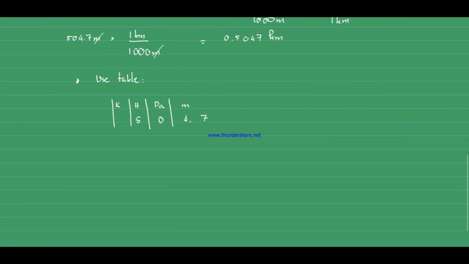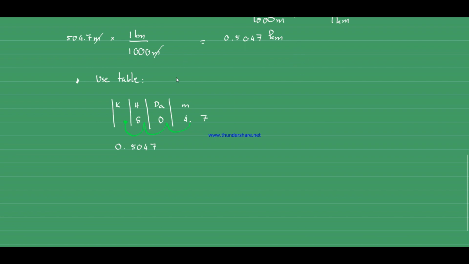So the decimal point is gonna jump here, then it's gonna jump here, then finally it must jump to kilometer. So the decimal point is after the 4, and now it must be here. But over here there's no number. It means you have to put number 0 here. So you're gonna end up with 0.5047. You see that? This is the same thing.